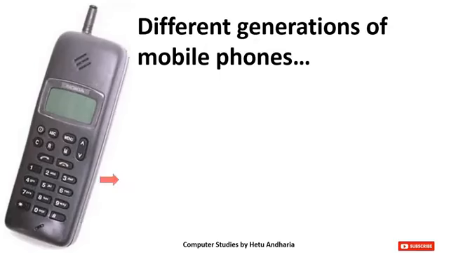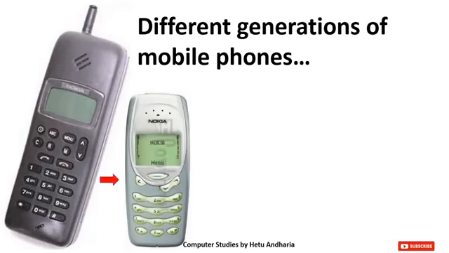Then after a few years this type of mobile phone came into existence, in which besides calling and text message, there were some other facilities such as small games, calendar, you can set the ringtone, you can start the timer, stopwatch.